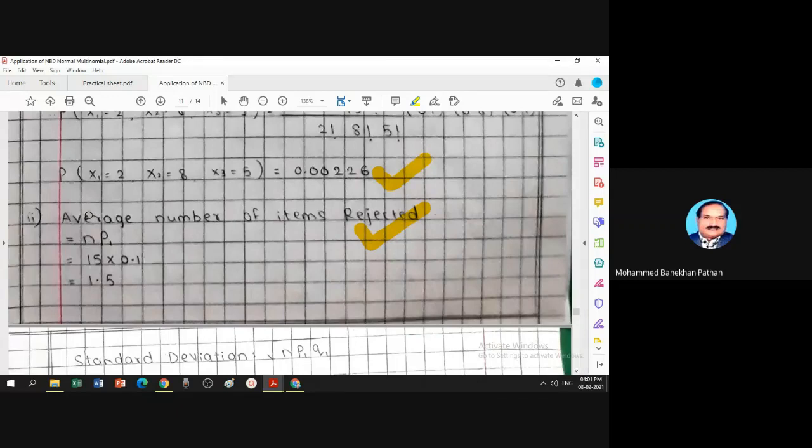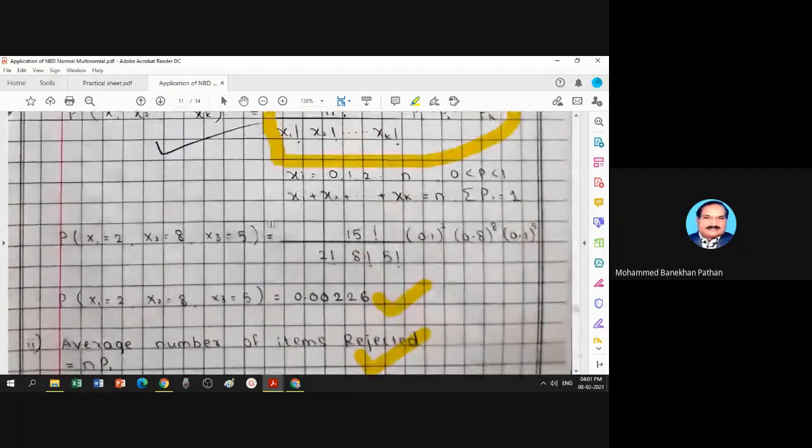So mean of x1. I told you just now, in a multinomial distribution every particular random variable is a binomial. So the question asked about average number, that means expectation of what? Rejectable items.